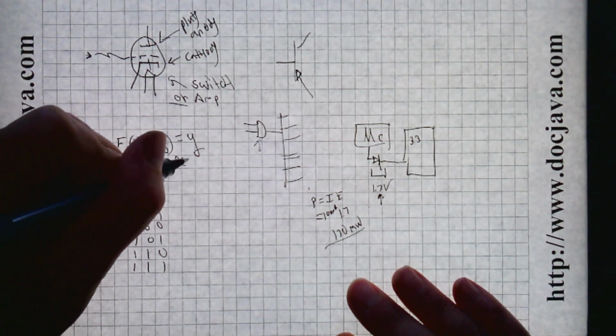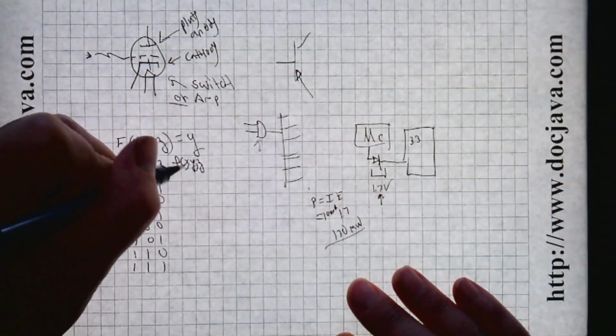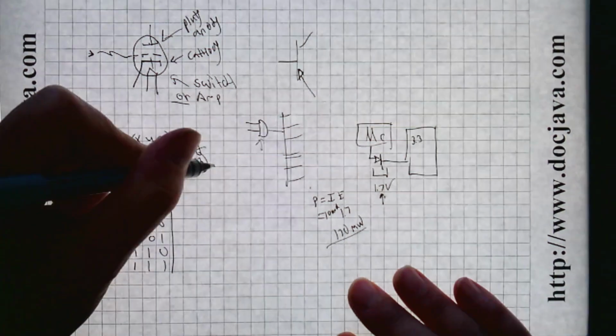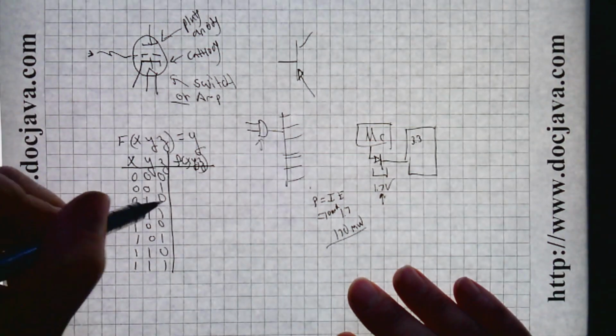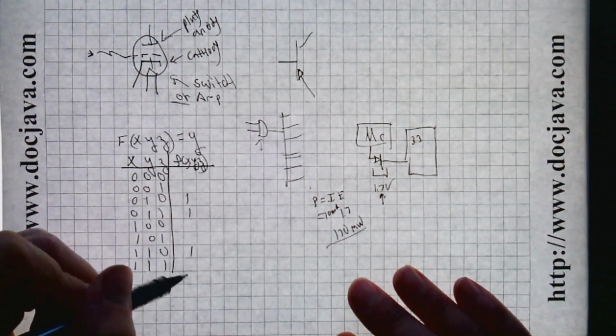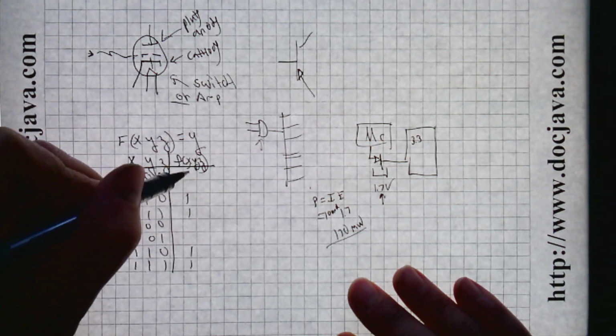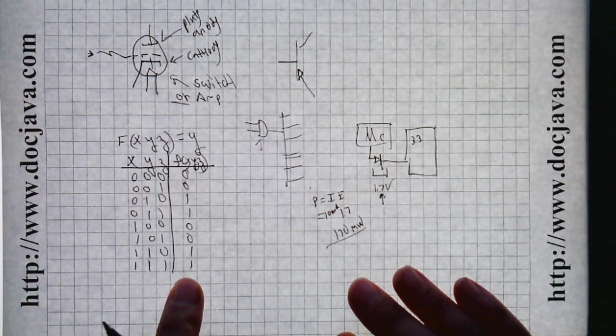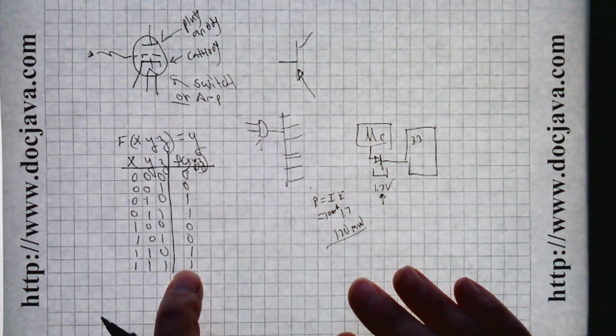And then f of x, y, z equals y means that's a 1, that's a 1, that's a 1, and that's a 1. And all the rest are 0. Did you see what I just did there? I just copied y to f, because f of x, y, z equals y.